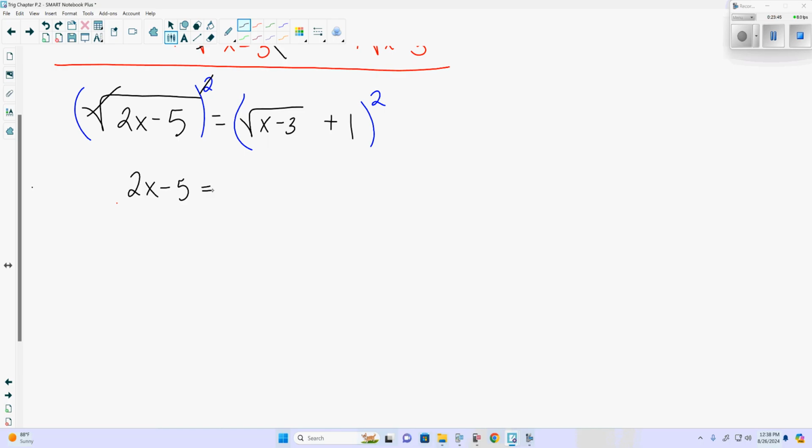Now, as much as we want on the right-hand side for the radical and square to just cancel, we can't. We do have to multiply this out. The reason we're multiplying this out is because the radical and the 1 have an addition sign in the middle. If the radical and that 1 had just been multiplied together, it would work a little different.